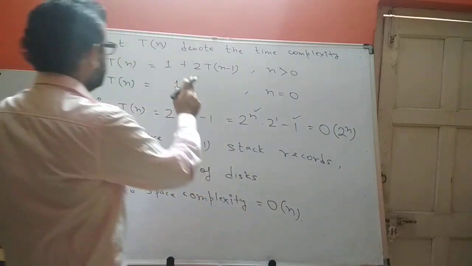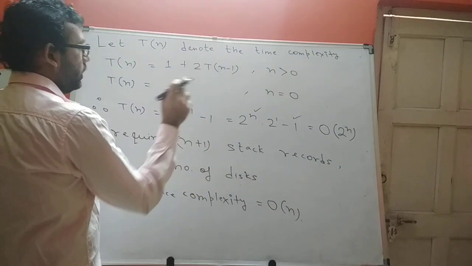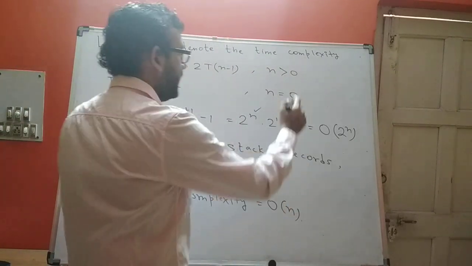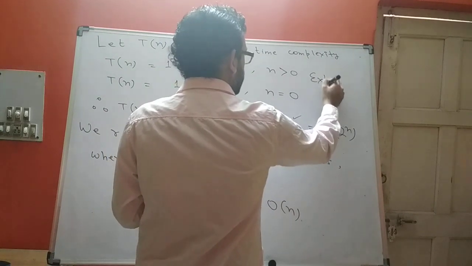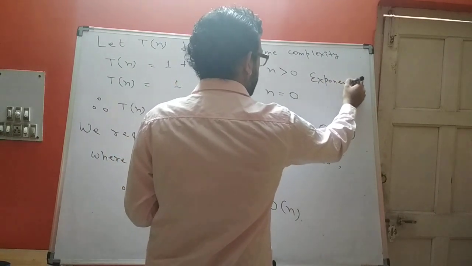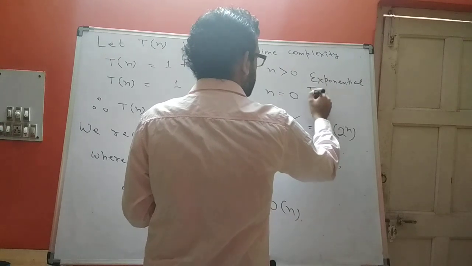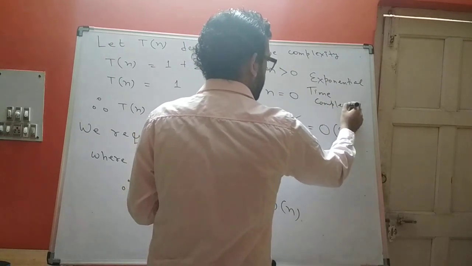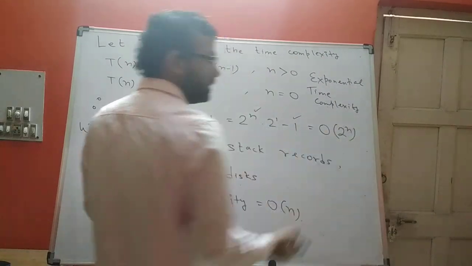That means this problem of Towers of Hanoi has exponential time complexity. So it takes up a lot of time.